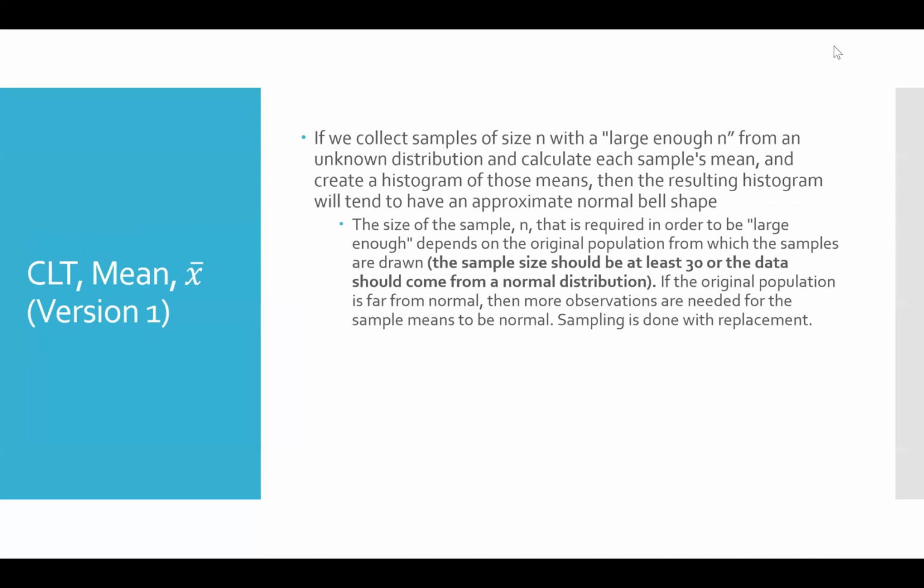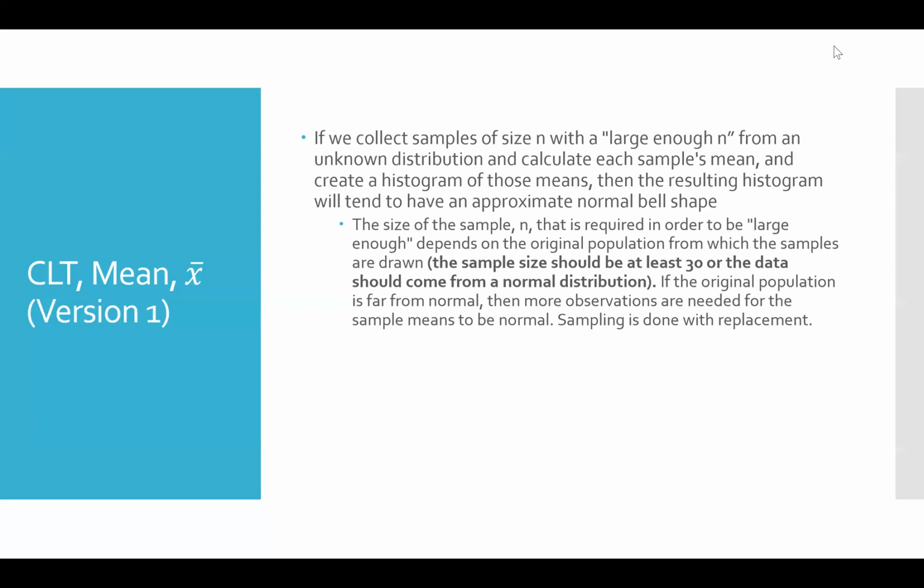What the central limit theorem says is if we collect samples of size n, with a large enough n, from an unknown distribution and calculate each sample's mean and then create a histogram of those means, the resulting histogram will tend to have an approximate normal bell shape. Again, basically they're saying if we choose samples that are large enough, we can force any distribution to become normal.